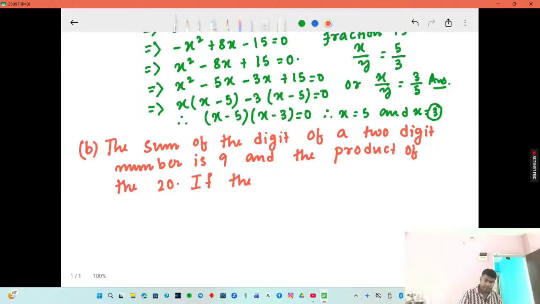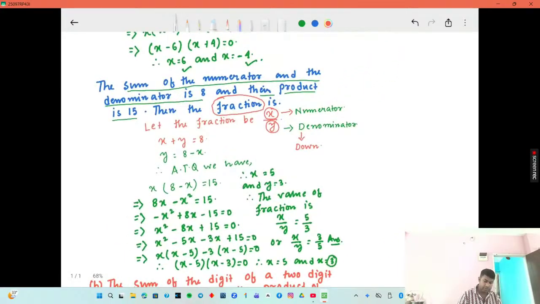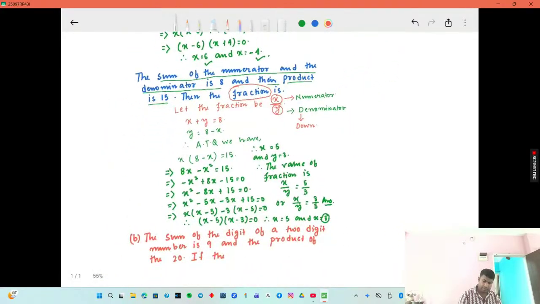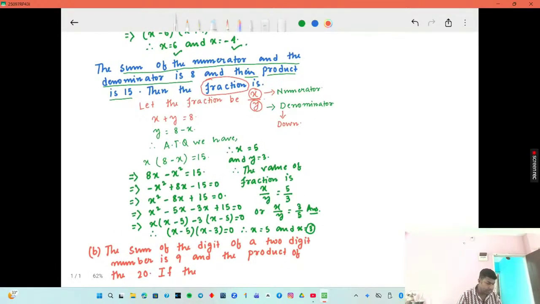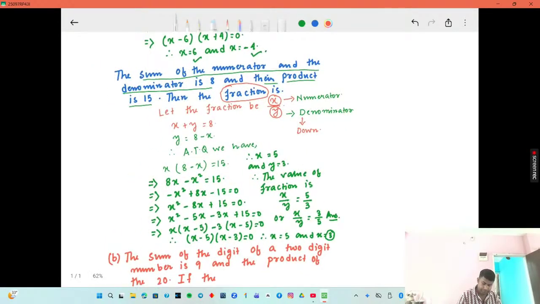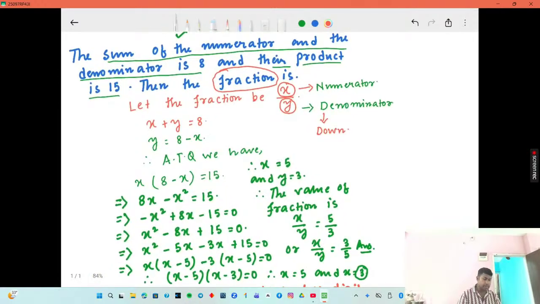Okay. So now I will explain you the question A. So what is the question here given? Can you see in the screen? So here the question is given as the sum of the numerator and denominator is 8 and their product is 15, then the fraction is.